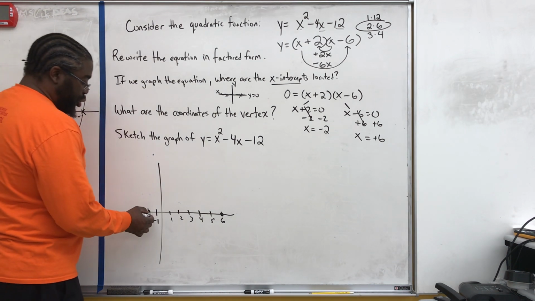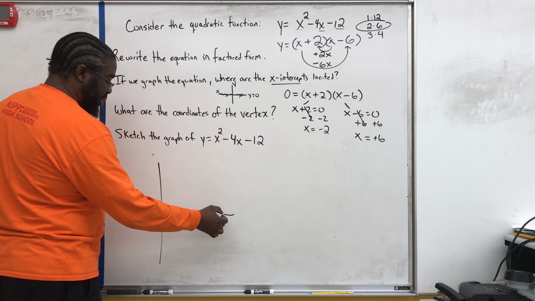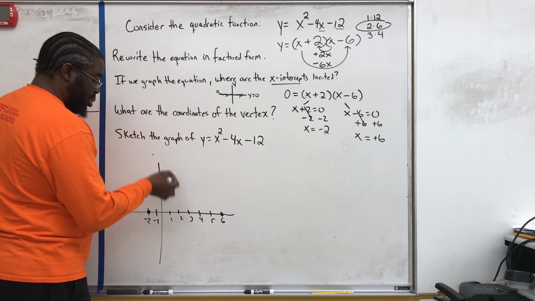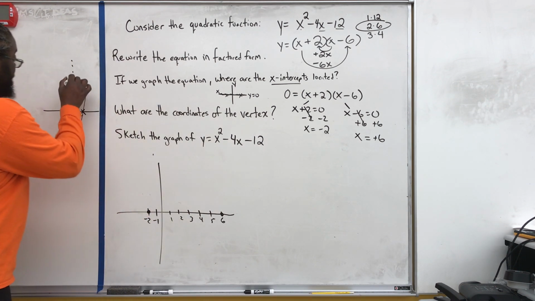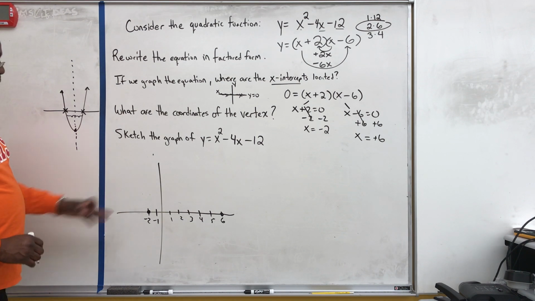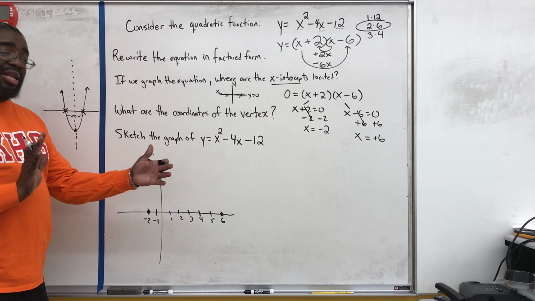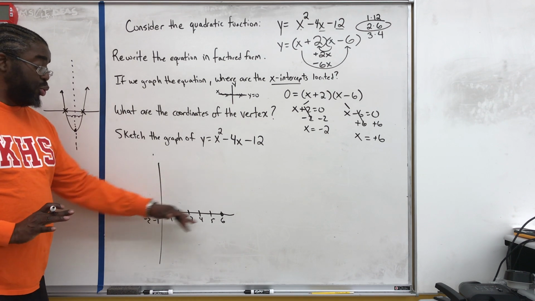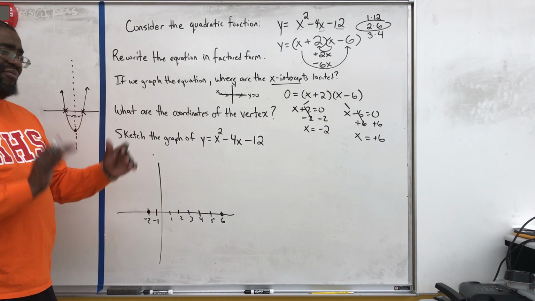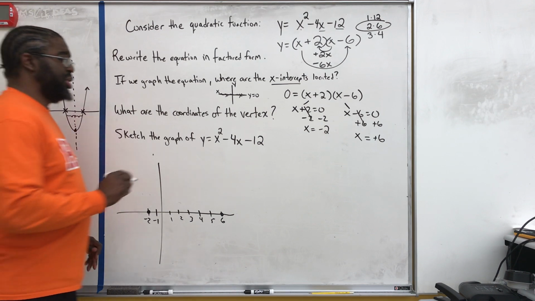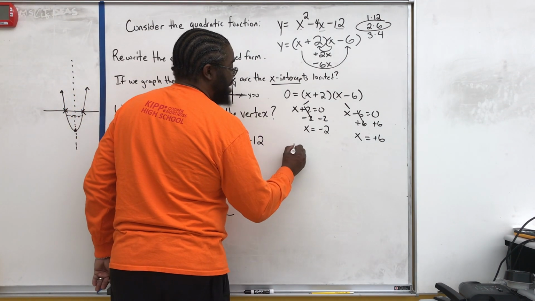So if I have negative 2 and 6, where's the middle where my vertex would be? I can count to see what the middle is, or I can just find the middle of two numbers, negative 2 and 6. The way I find the middle of two numbers is by finding the average.